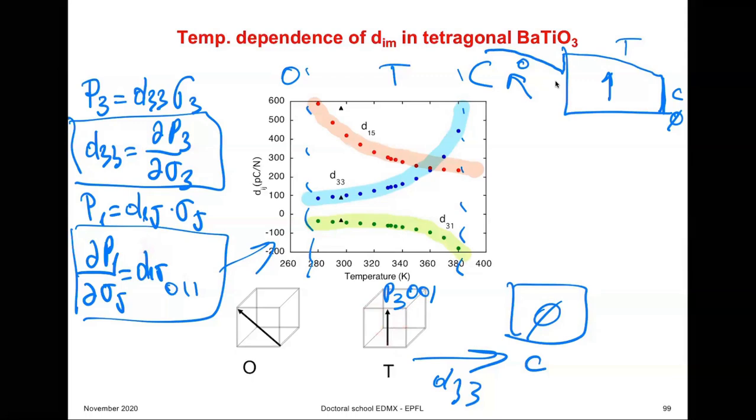It is describing rotation of the polarization away from the normal direction, and when polarization rotates, it develops this component P1, and that component will eventually be very large, and therefore the crystal feels that as it is in the tetragonal phase, anticipates that phase transition, and therefore gives a large D15 coefficient.